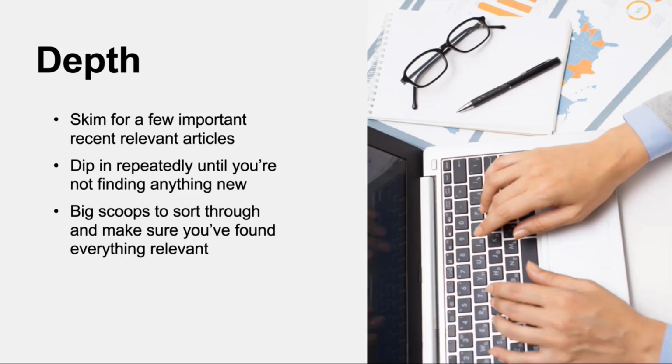So for something like a systematic review, what is required is that you do everything you can to find literally everything that is ever talked about your topic. Whereas if you're just doing a presentation or you're looking for some high quality articles to use for evidence in a clinical situation, you might just be looking for a couple of very high quality recent articles, for instance.